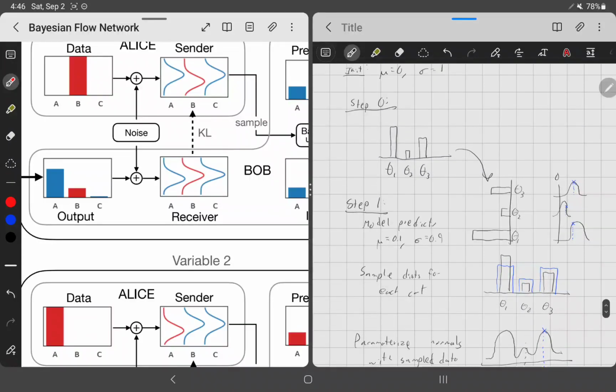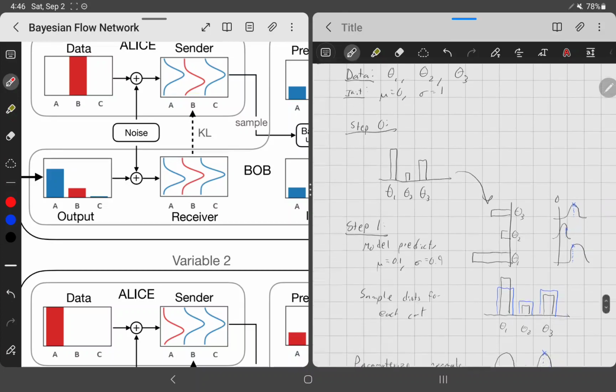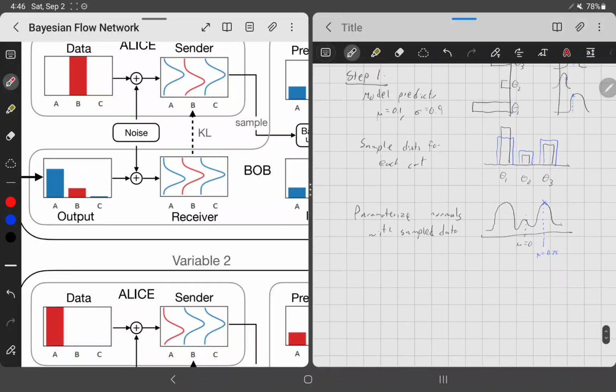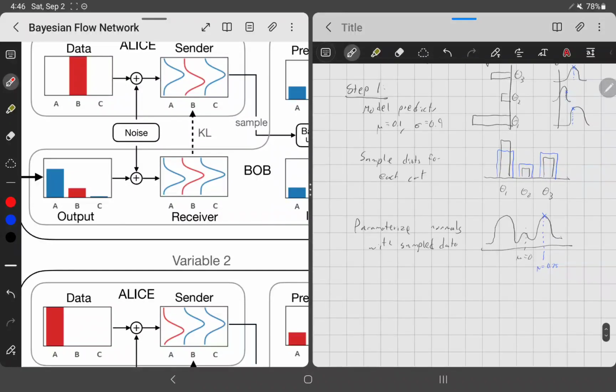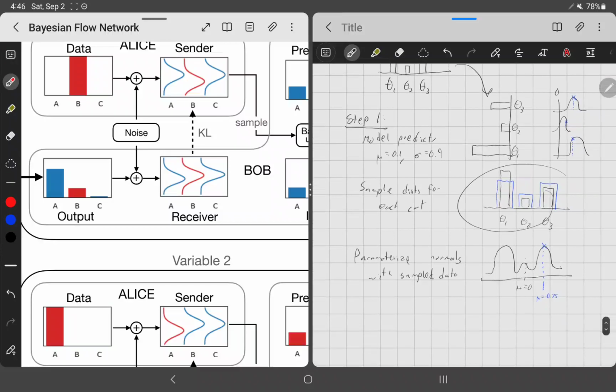Then you update, so your belief is going to be updated where we're updating mu. We're not updating any of these parameters because these are discrete. So we're indirectly updating these, because notice how our output does change the theta parameters, which is what we want to predict.